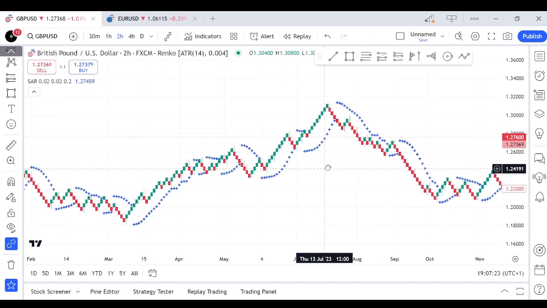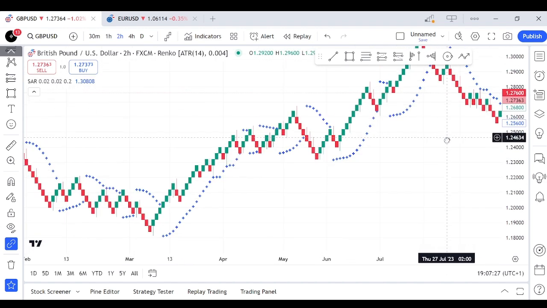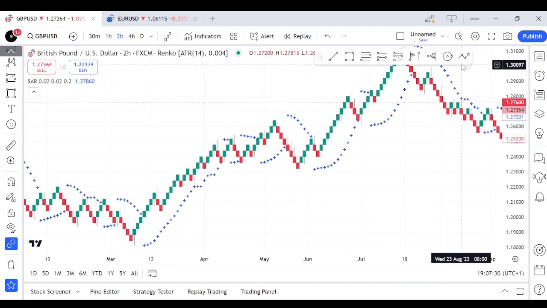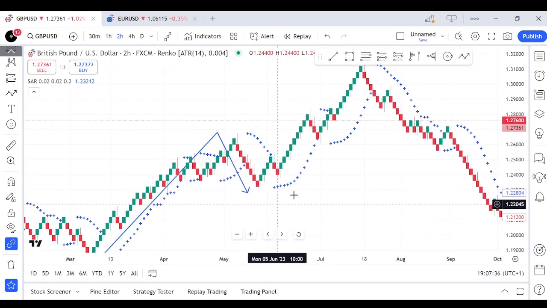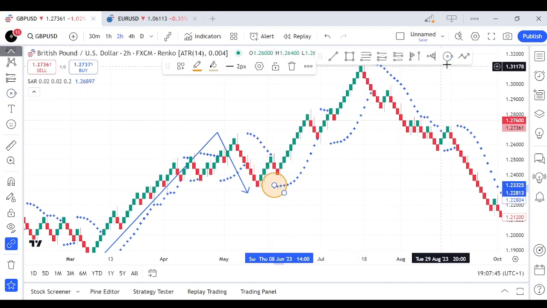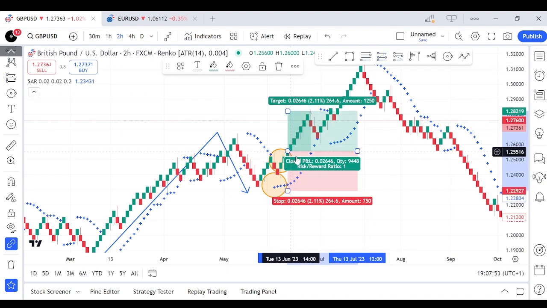So let me just show you that on the chart. You can see this. We were bullish right here, so we had this retracement. You can see this bullish move had this retracement, and after this retracement, the parabolic SAR gave us a confirmation with this, and you can see after 3 consecutive bricks you could consider entering a long position from there.